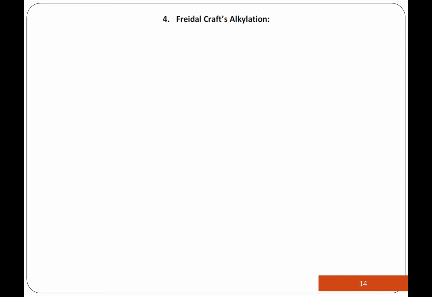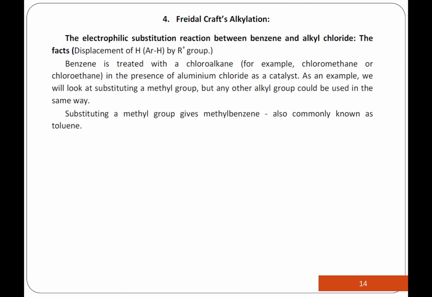Fourth reaction is Friedel-Crafts alkylation. Under Friedel-Crafts alkylation, the proton is substituted with a positively charged alkyl group which acts as an electrophile. Therefore, benzene is treated with a chloroalkane like chloromethane or chloroethane in presence of aluminum chloride as a catalyst.